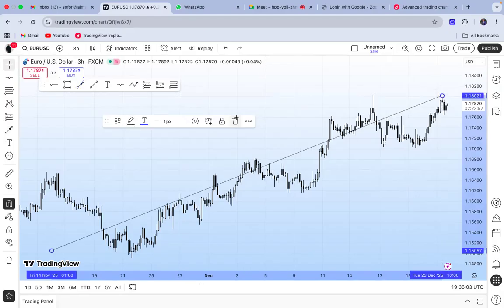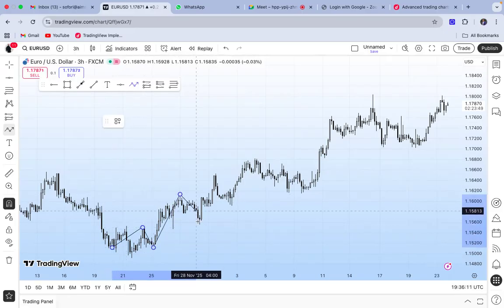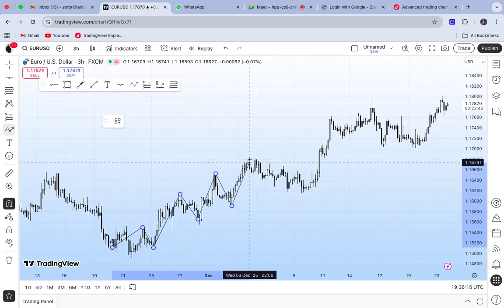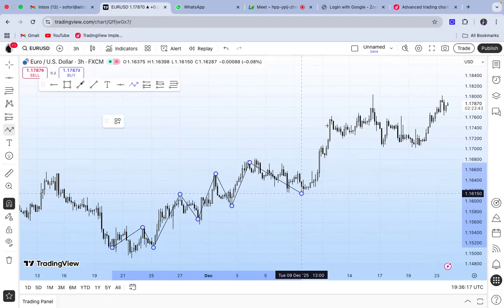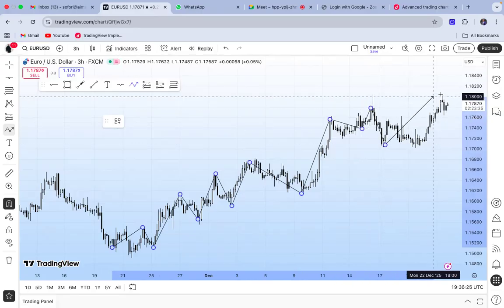If you want to know it well, just try and do what I showed you. You know, I said the market does something like this. It goes up and down. It goes up and down. It goes up and down. So if you're able to identify something like this, then you know that obviously this is what? An uptrend.